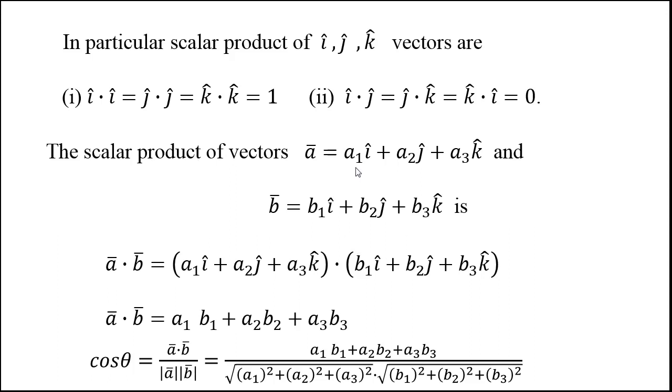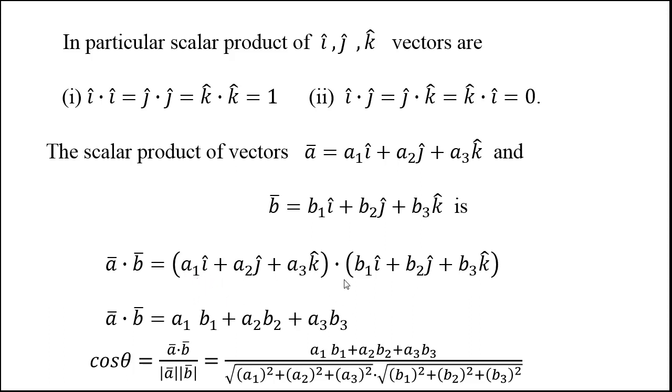Cartesian form of a vector means when the vector is expressed in terms of i, j, k. So if a bar is equal to a1i + a2j + a3k, b bar is b1i + b2j + b3k, then consider their dot product. Here we assume that dot product distributes over addition.